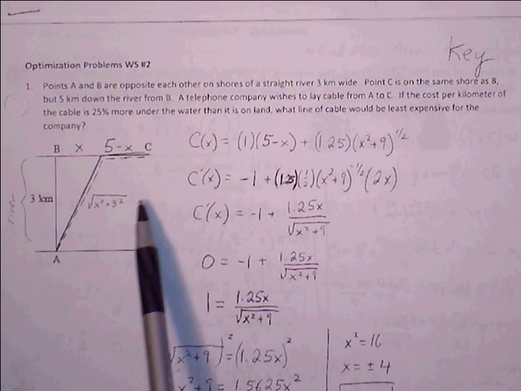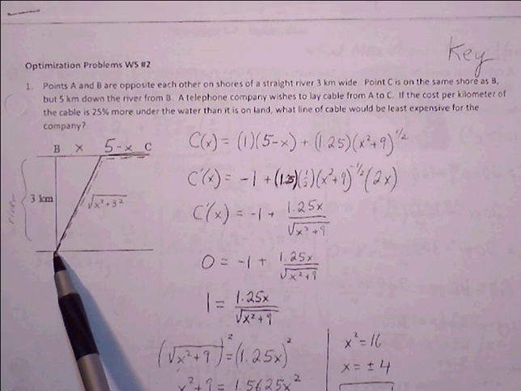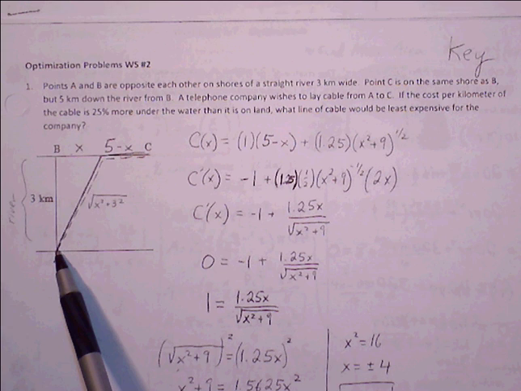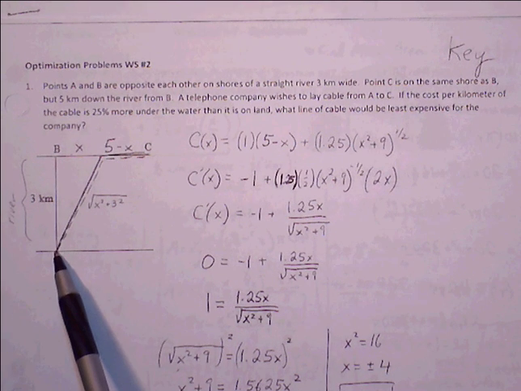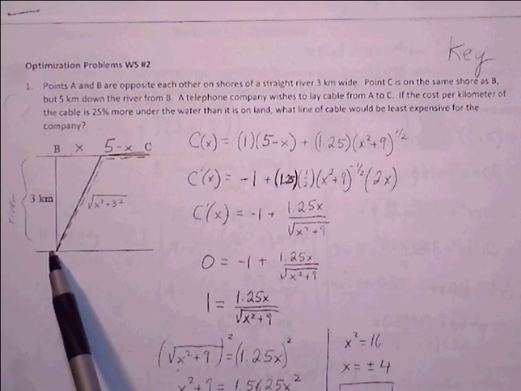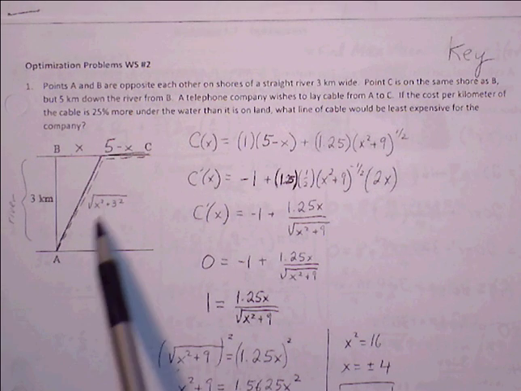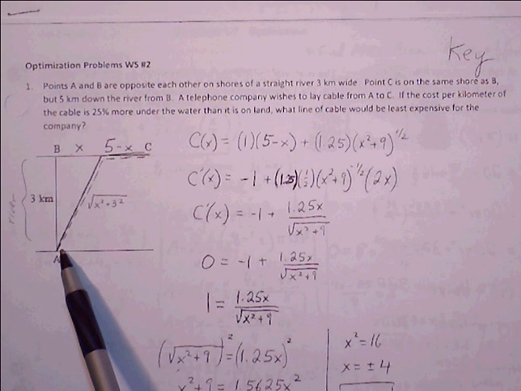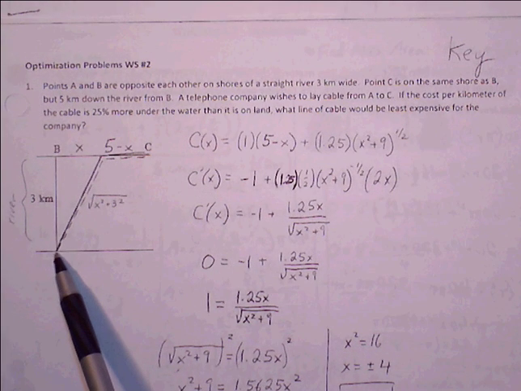So we're trying to optimize the cost of laying down cable between points A and C. The two extremes are having the line of cable go directly from point A to point C. The advantage is that we know the shortest distance between 2 points is a straight line.